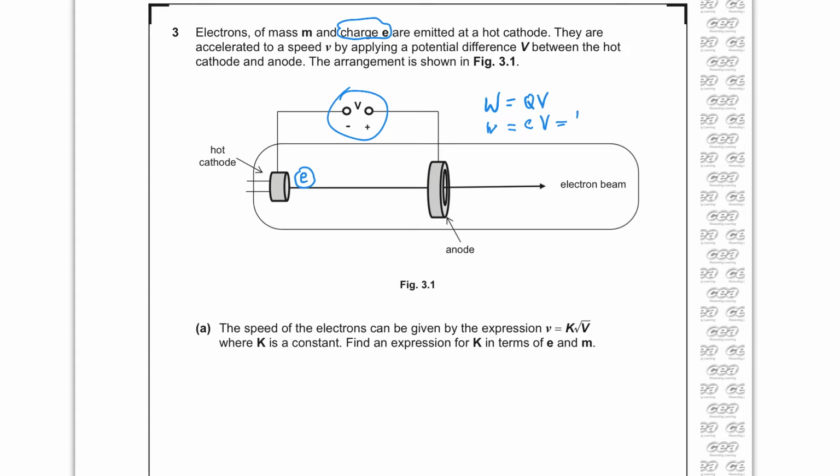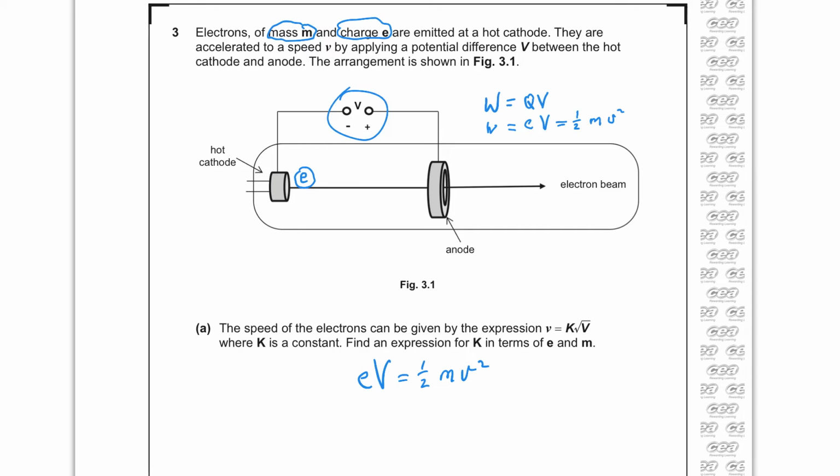So that'll be equal to a half mv squared, where little m represents the mass of the electron and v squared represents its velocity. So that's your starting point there, that eV will equal half mv squared.